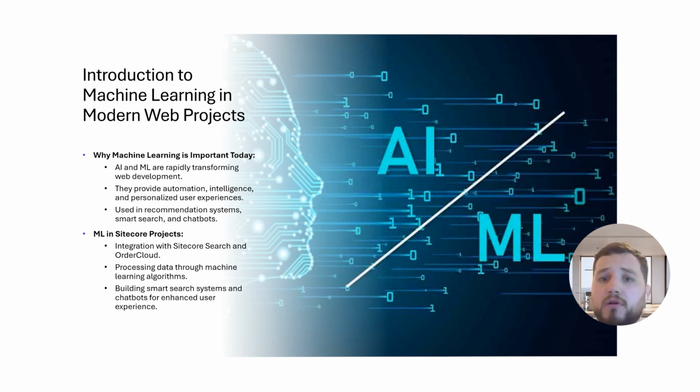These chatbots will help users with more accurate answers based on what they like and how they behave. All emails to users through Sitecore Send, and this chatbot also can understand the context of messages.